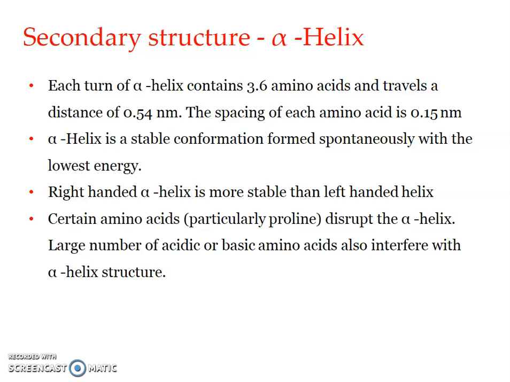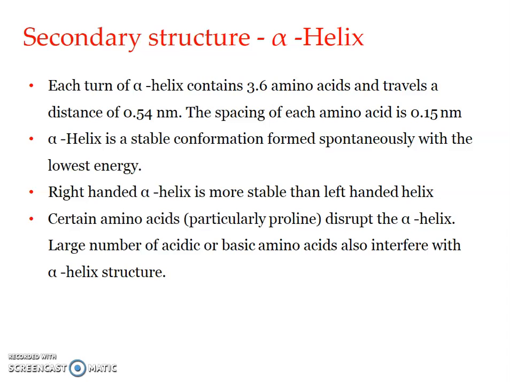I'm not speaking of the polarity, I'm sorry, but the charge, which is different: acidic and basic. So when there is a large amount of a specific charge, positive or negative, it is going to interfere with the alpha helical structure. Again, certain other kinds of bonds can form apart from the hydrogen bond, and this can disrupt the formation of alpha helix.